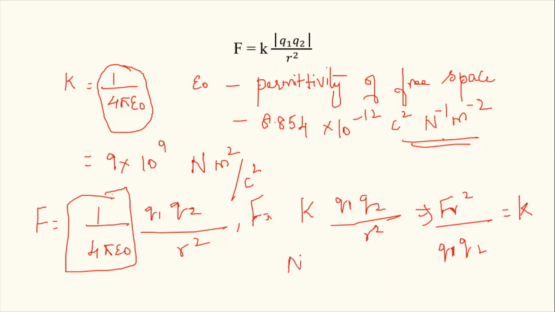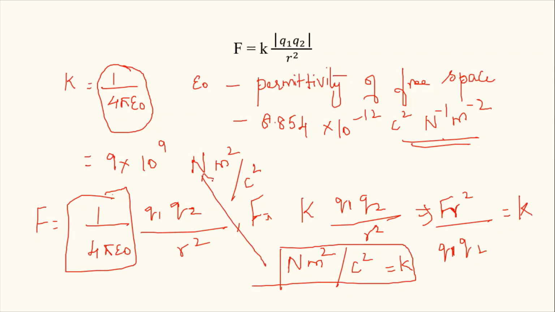Newton. What is the SI unit of distance? Meter. So R square is meter square. Q1 is Coulomb, Q2 is Coulomb, so it is per Coulomb square. This is how you get the SI unit of K as Newton meter square per Coulomb square.